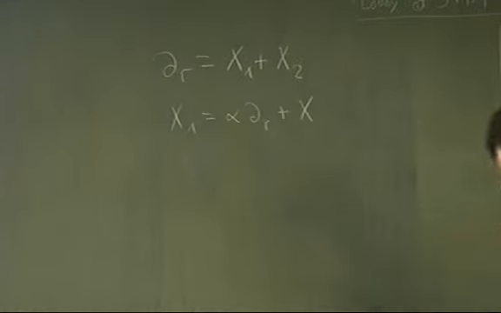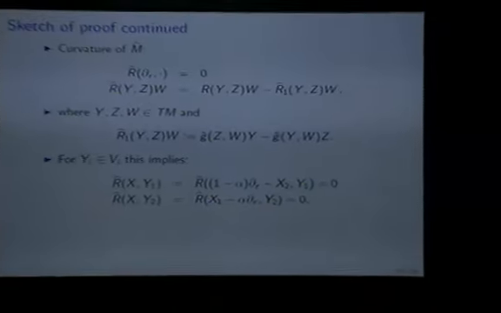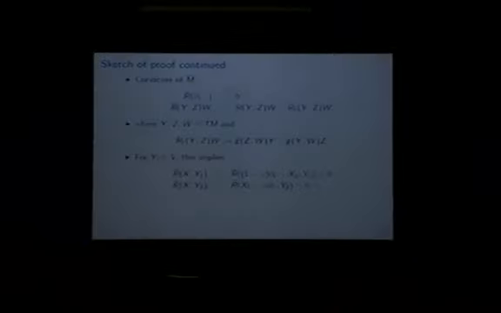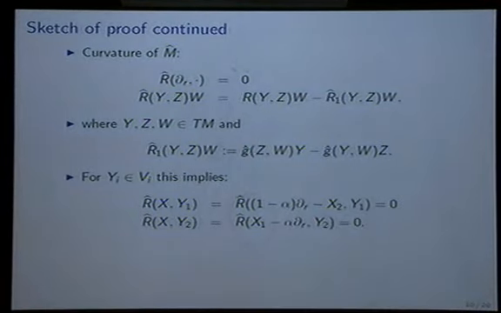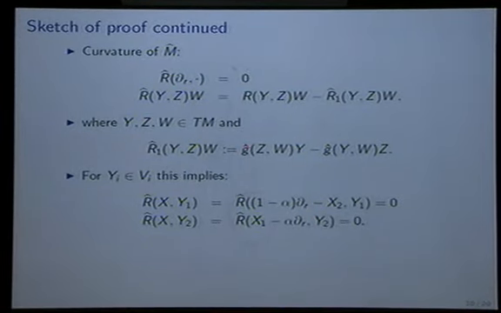So here I express X using X2 and 1 minus alpha. So we have to write this also: X2 equals 1 minus alpha dr minus X.